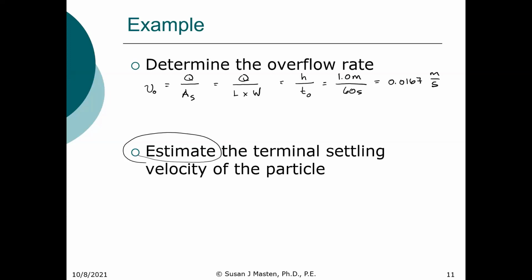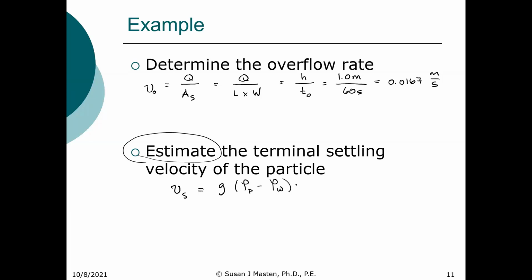Now, the challenge with determining the settling velocities, as I mentioned, we need Reynolds number in order to determine which equation to use. We don't have that a priori. So what we need to do is we'll estimate the terminal settling velocity using this equation.